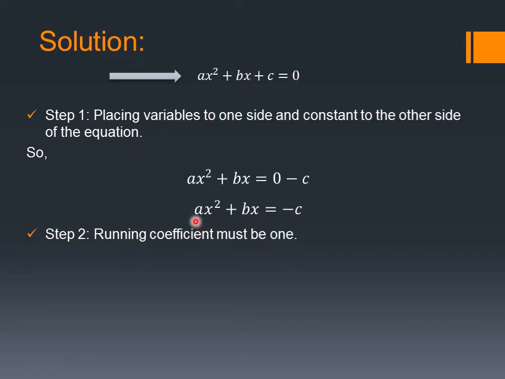But if we divide by a here, we have to divide all the other three terms as well. So now we have divided all the three terms by a, and the answer is x square plus bx over a equals to minus c over a. Now you can see the running coefficient is 1. The variable x square is having no coefficient, which indicates that the coefficient is 1.